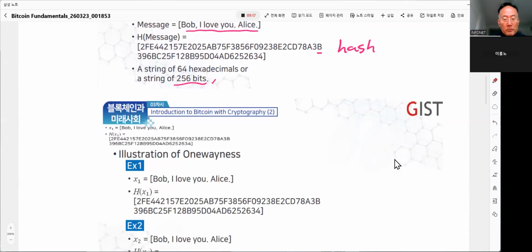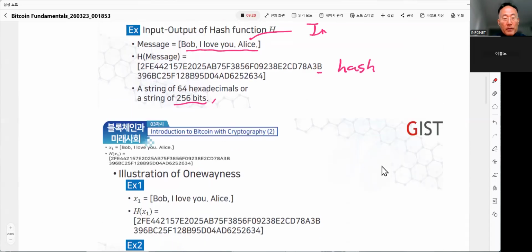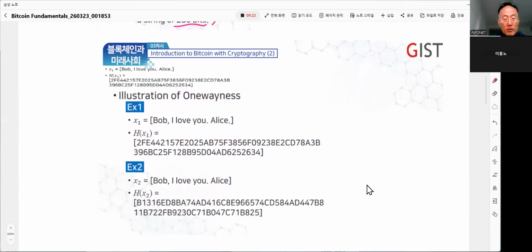All right. But here, let's take a look at it. So X1 is the message, as you can see, and H(X1) is the hash output. It starts with 2FE and ends with 34.